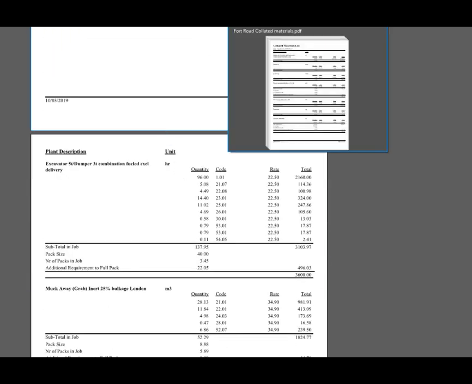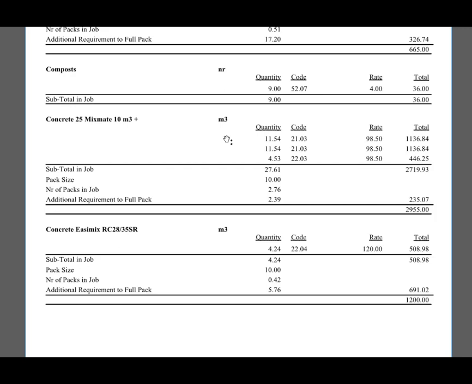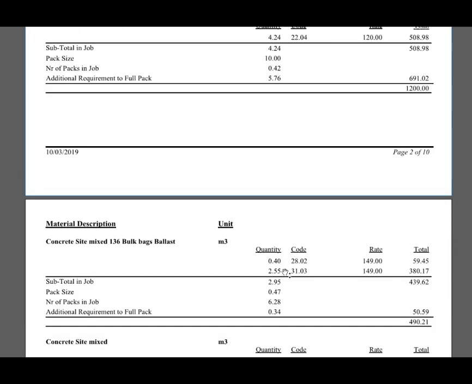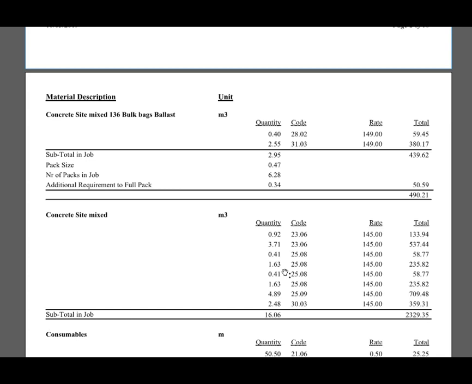But very briefly, and your collated materials, again, it would collate all your concrete. So of this particular type of concrete, which you're buying in 10 cubic meter plus quantities, you've got 27.61 cubic meters, but you've also got other concretes here, which you can choose to amalgamate if you want to, but it gives you the information. For instance, 16.06 cubic meters of site mixed concrete.